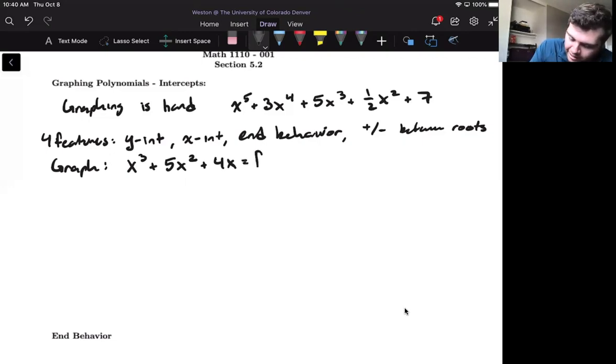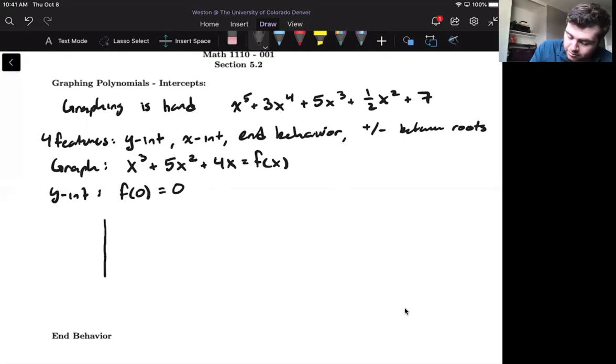Let's call this f of x. Then the y-intercept is just f of 0. We always just plug in 0 to find the y-intercept. And maybe take a second to think about why that's the case. We plug in 0 to this function and we get 0 out.